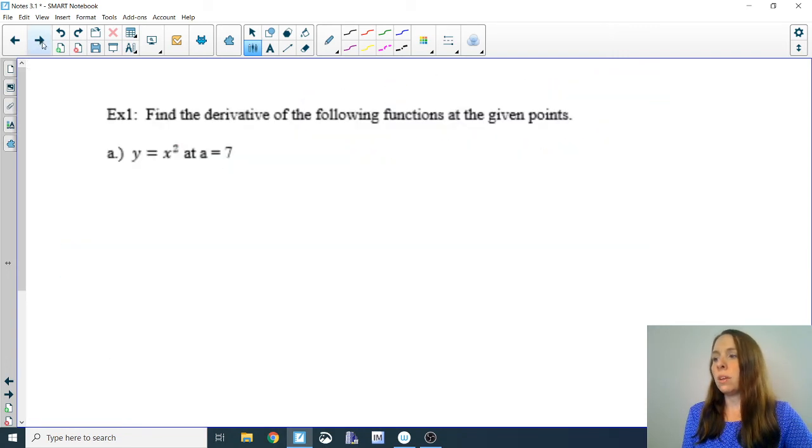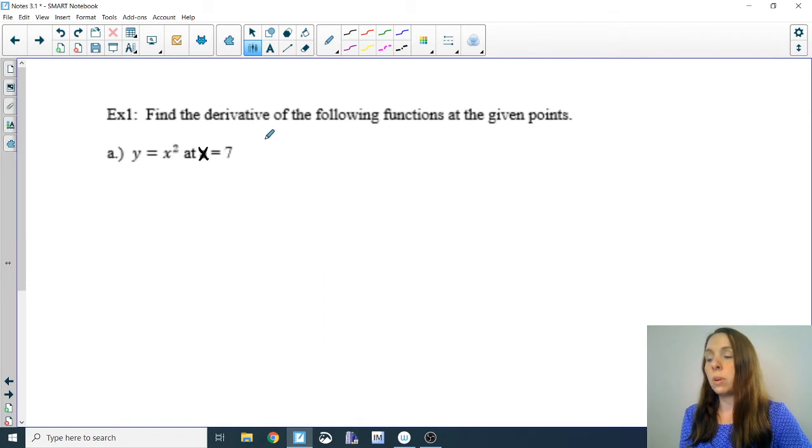When you're given a function and a value like this and you're asked to find a derivative, that value is going to be your x coordinate. We could change that to an x if you'd rather not have the A there. Sometimes I have students even call it x1 because they like setting their points up as x1, y1, x2, y2. So it's up to you, the notation you use, whatever makes most sense to you.